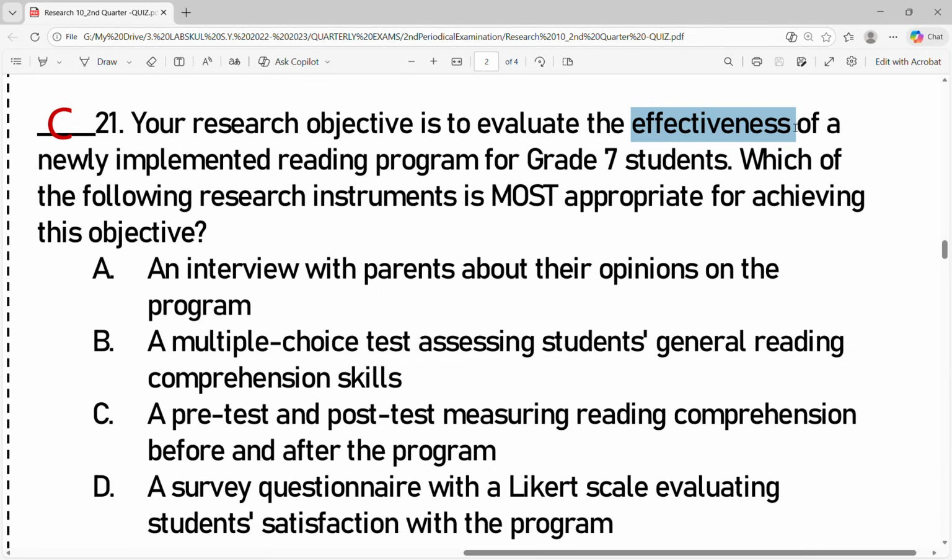So, darlings, if we are looking at the effectiveness of something, meaning we have an intervention and we're looking through how effective it is before the program was implemented and even after the program was implemented to see if really it has a significant effect on the grade 7 students in terms of their reading comprehension.